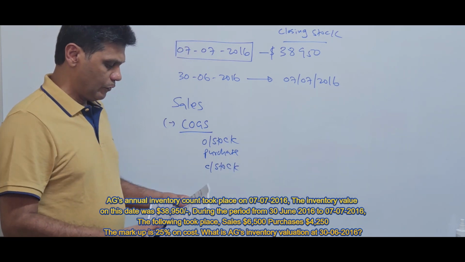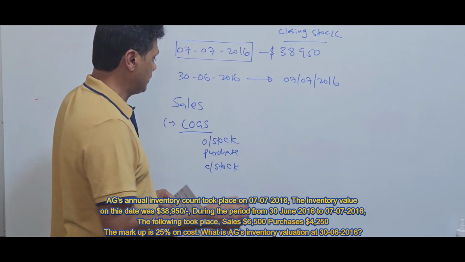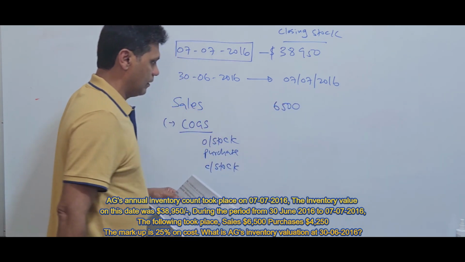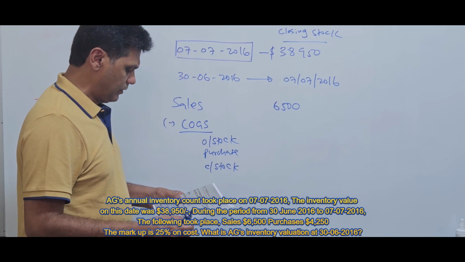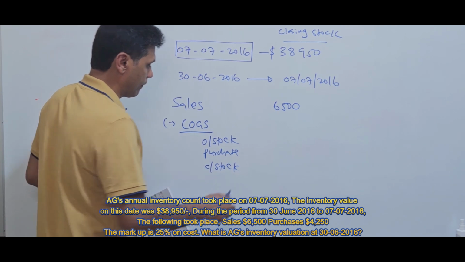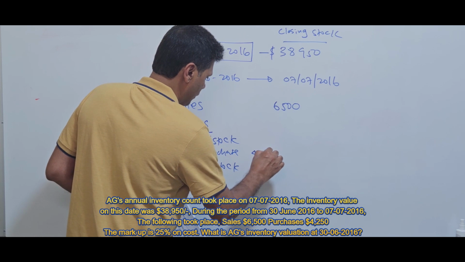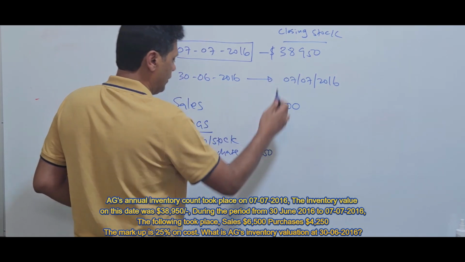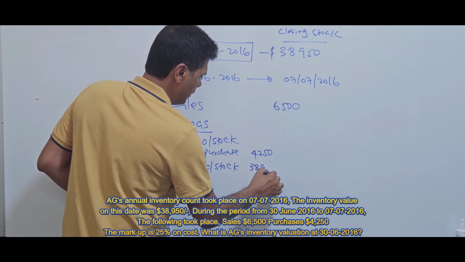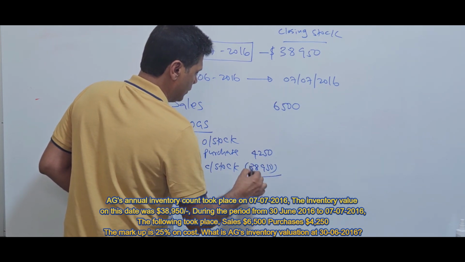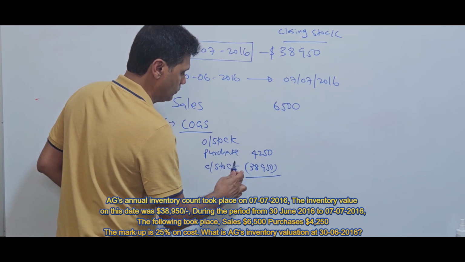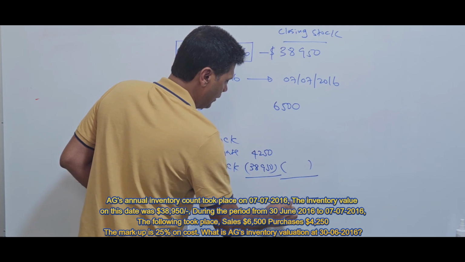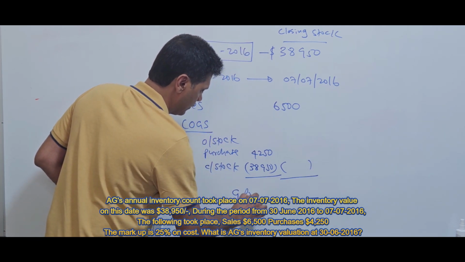Okay, now you are given the sales value as 6,500. Then the purchases value is 4,250, and also the closing stock is given 38,950. So opening stock plus purchases minus closing stock will be your cost of goods sold. Then you can identify the gross profit.